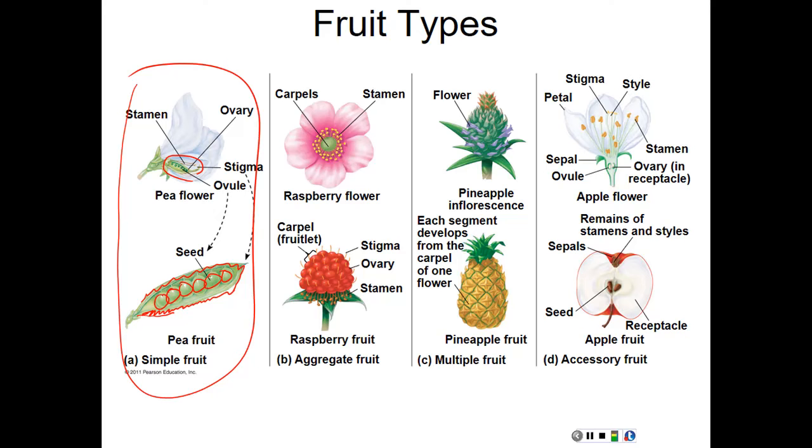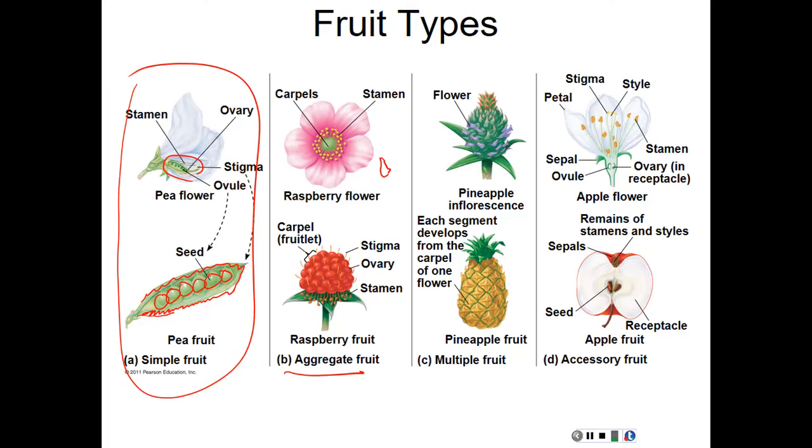We also have what are called aggregate fruits. Aggregate fruits happen when you have a single flower that has more than one separate carpel. So it's got multiple carpels, but all of these carpels were completely separate.